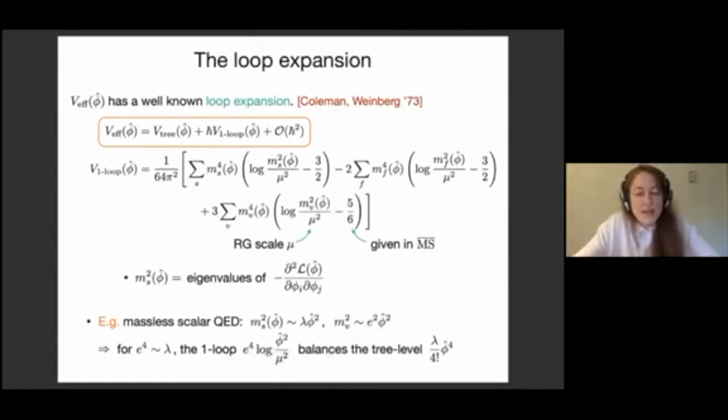So what happens is that when the lambda phi 4 coupling goes like the 4th power of the gauge coupling, so when I have this particular scaling, but I could still have these couplings be small, then a one loop term from this one loop potential can balance the tree level lambda phi 4 potential, and this is what leads to this nice spontaneous symmetry breaking feature that we saw on the previous slide.